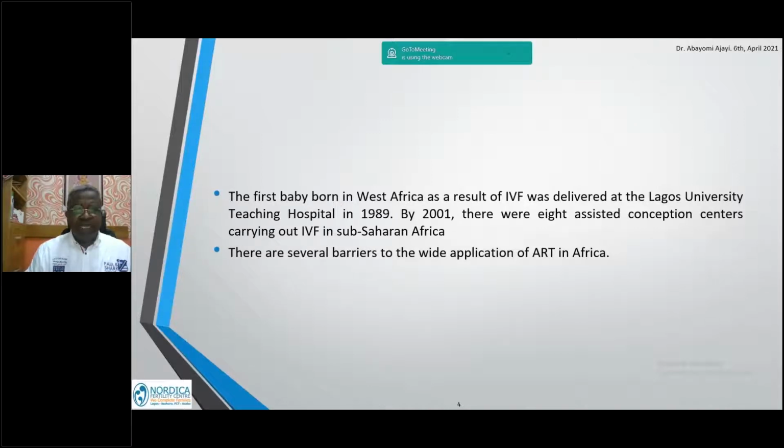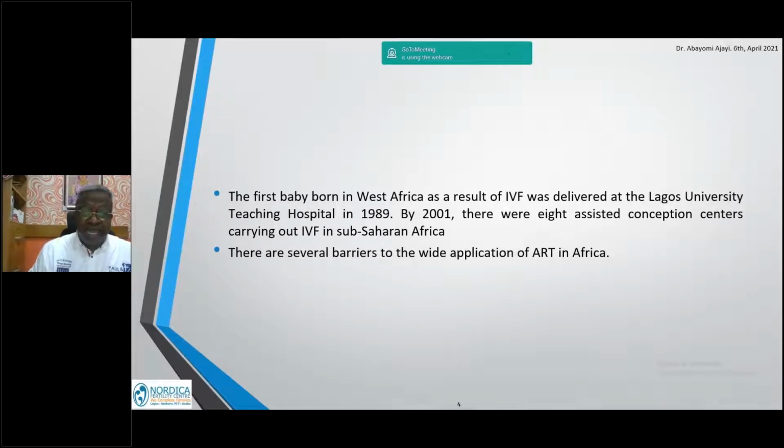The first baby in West Africa was born at the Lagos University Teaching Hospital in 1989. But by 2001, there were 8 assisted conception units carrying out IVF in sub-Saharan Africa.